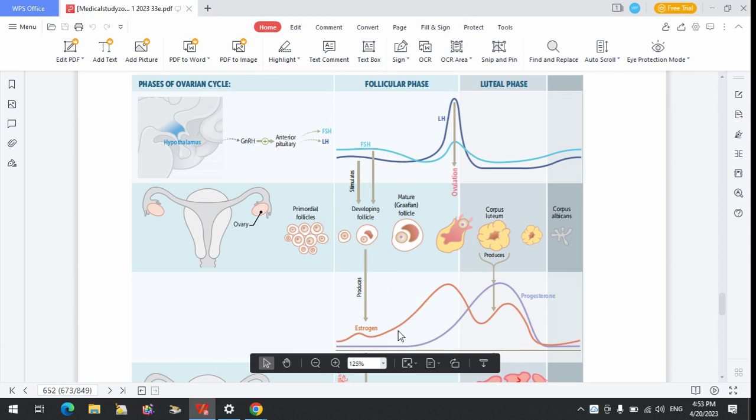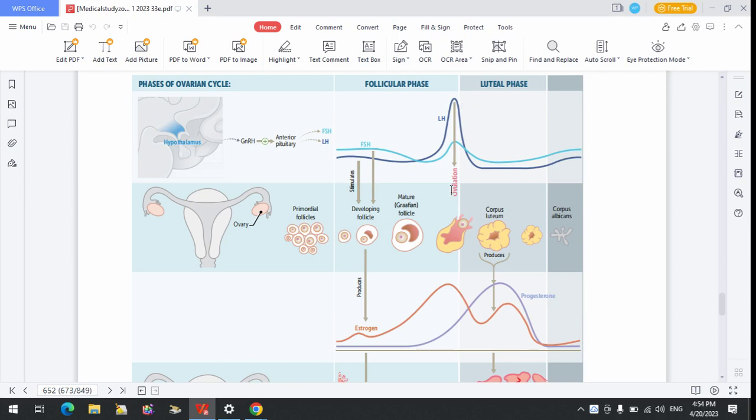But as the estrogen is now increasing more, it's bringing the FSH down due to the inhibition that it has, as well as the LH. It's bringing both of them down. But with time, about 12 to 24 hours prior to ovulation, the level of estrogen peaks to a very high level and causes the LH surge. It just stimulates the anterior pituitary gland to release LH.